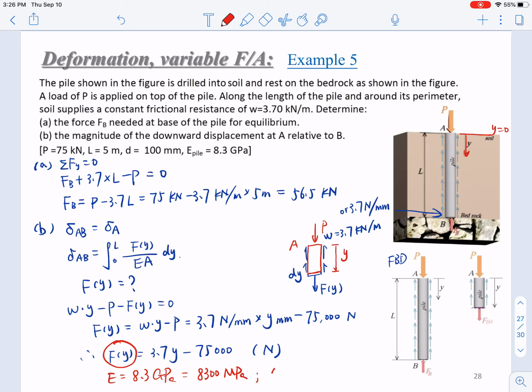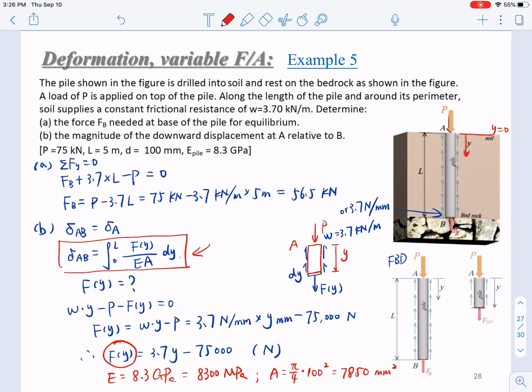And the area A will be pi over 4 times d squared. The d is 100 millimeter, squared, so that would be 7,850 square millimeter. So we get everything in this equation, right?